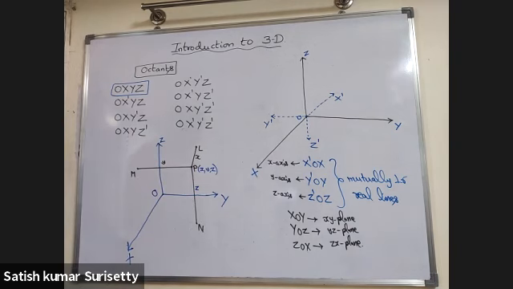So the coordinates of the point P are written as a triplet (x, y, z).